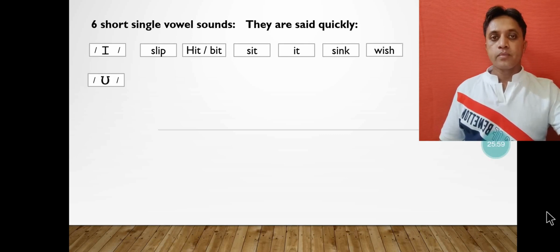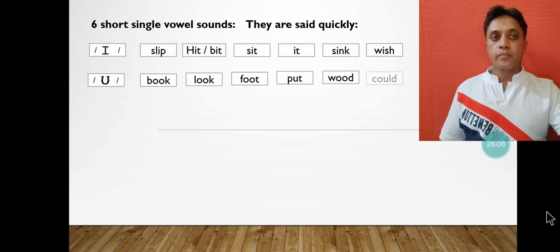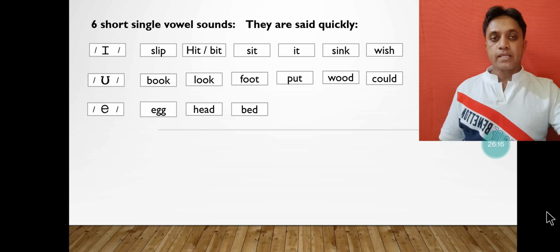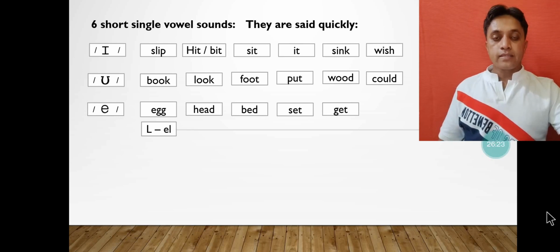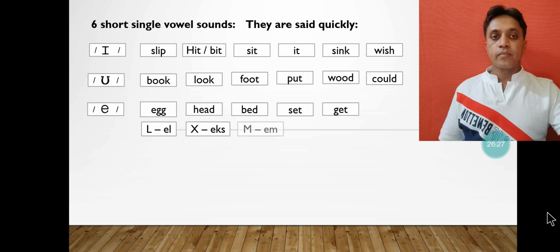Next is U, like book, look, foot, put, would, could. The next sound is E, like egg, head, bed, set, get. And with some letters of the English language like L, X, M, and also S.